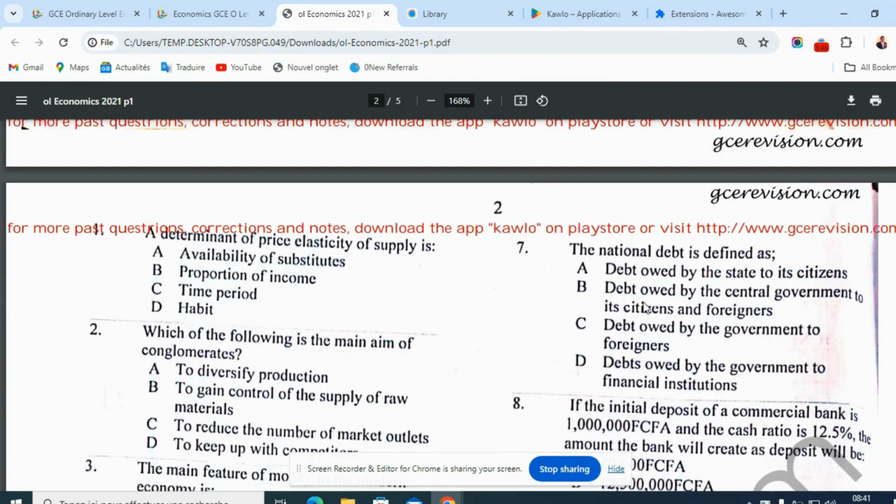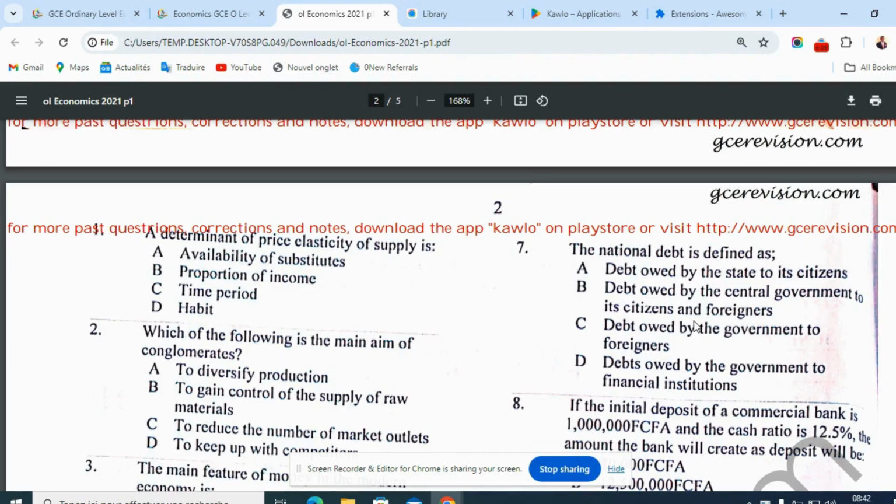The 7th part said the national debt is defined as debt owned by the state to its citizens.